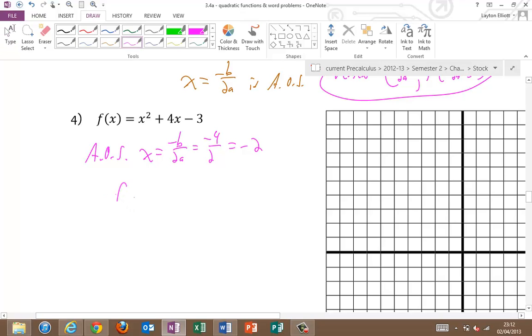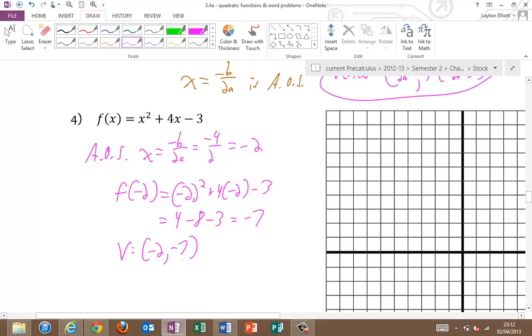Okay, now let's just do f of negative 2 to find the y value. I'm going to go negative 2 squared plus 4 times negative 2 minus 3, which is 4 minus 8 minus 3, or negative 7. So my vertex is negative 2, negative 7.